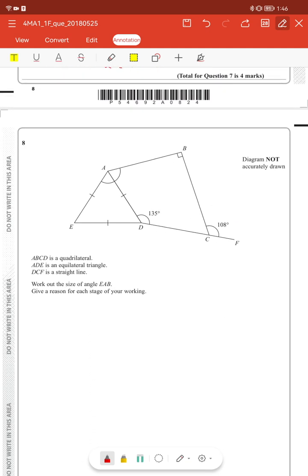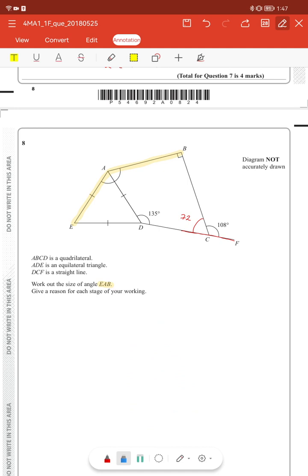So now it wants us to find the angle EAB, which is this whole angle here. We can start off by saying this angle here, because this is a straight line, must be 180. So this is going to be 72 degrees.